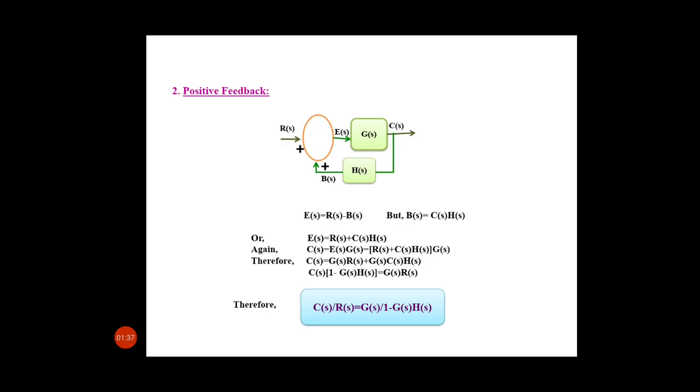Or if we are adding the feedback element to the reference input, then this is positive feedback. Generally, in the feedback side, if you see a negative symbol, it is called negative feedback, and if you see a positive symbol, it is called positive feedback.